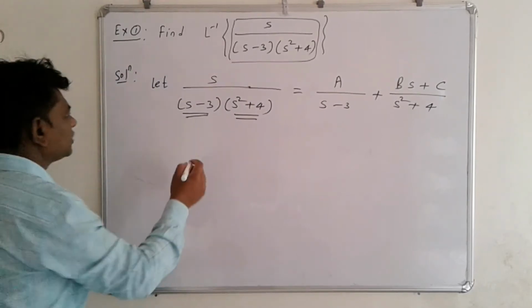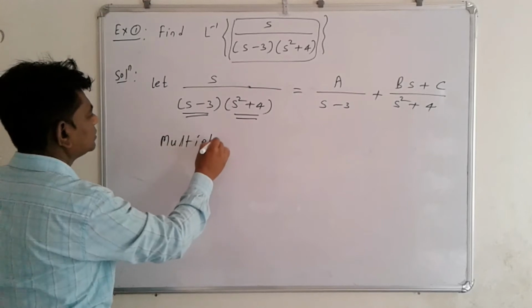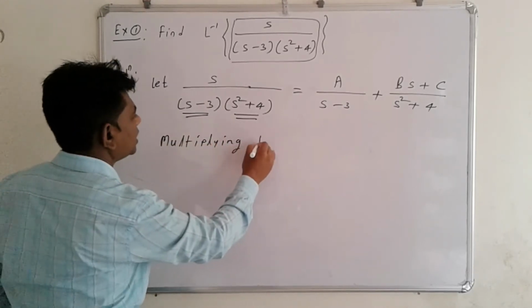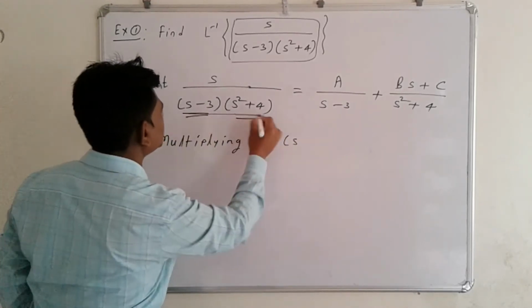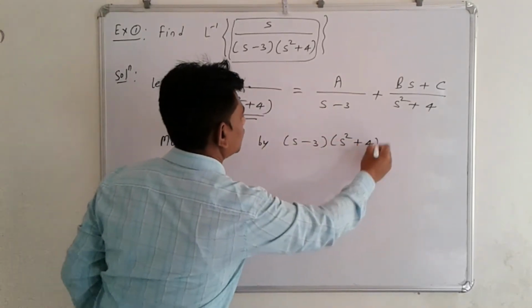Now multiplying this equation by this denominator s minus 3 times s square plus 4.